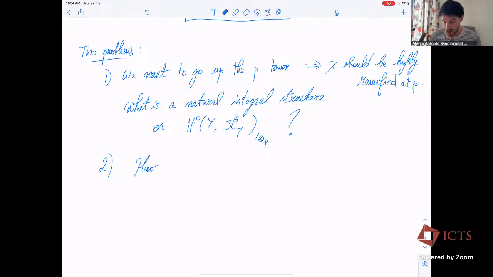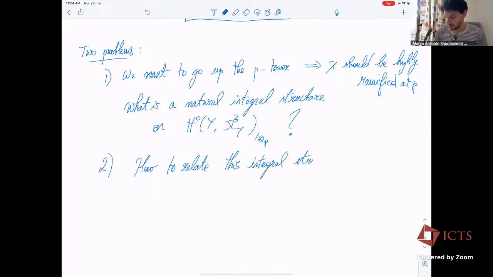So how to relate this integral structure with the integral structure of étale cohomology?